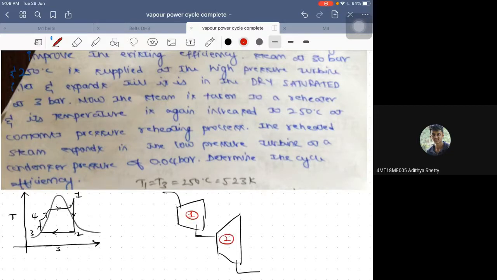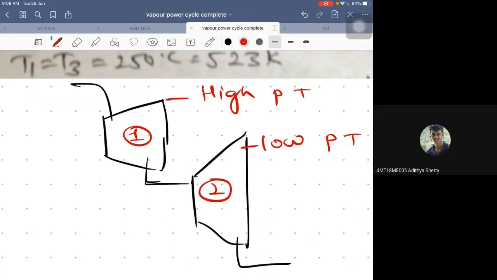The first one is known as the high pressure turbine, HPT, and the second stage is known as the low pressure turbine. Between these two, a component is introduced. What is this component?